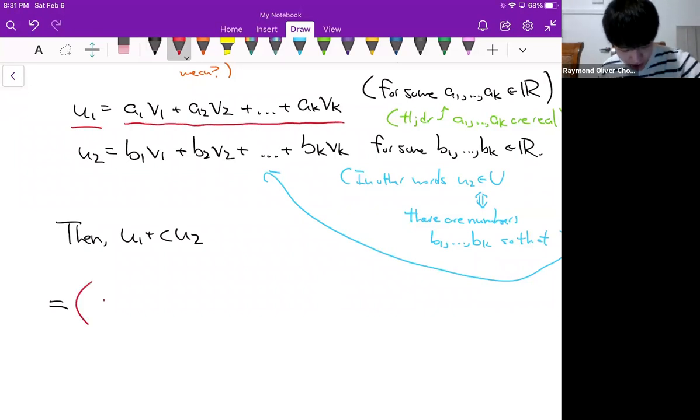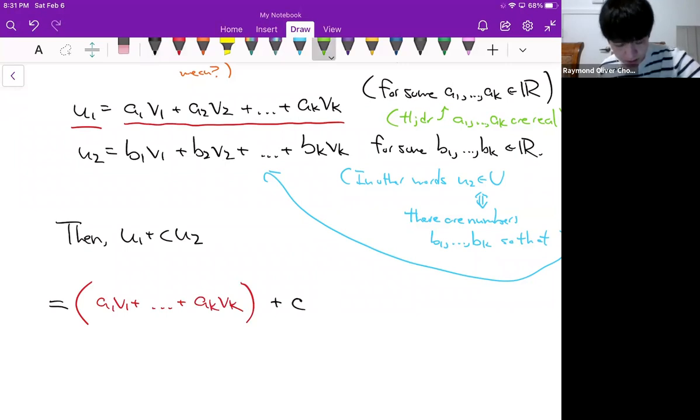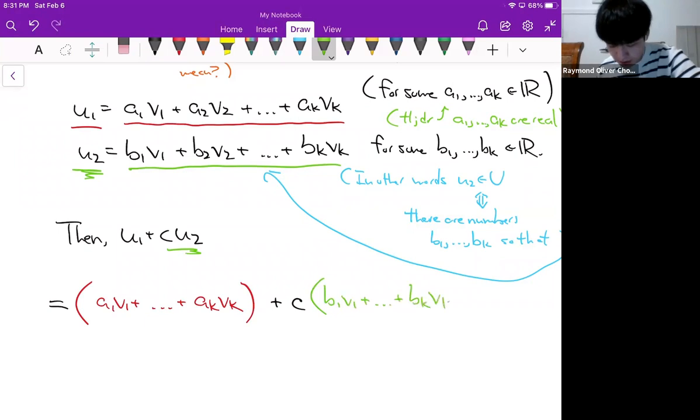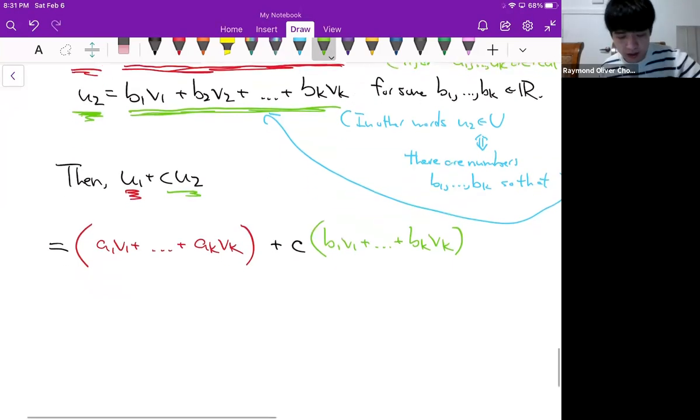So I'm literally going to copy paste that thing over there, A1 V1 up until AK Vk, plus C times, and then I'm literally going to take this and copy paste it with that: B1 V1 up until BK Vk. So this got replaced with what was on the other side of this equal sign, and this got replaced with what was on the other side of that equal sign.